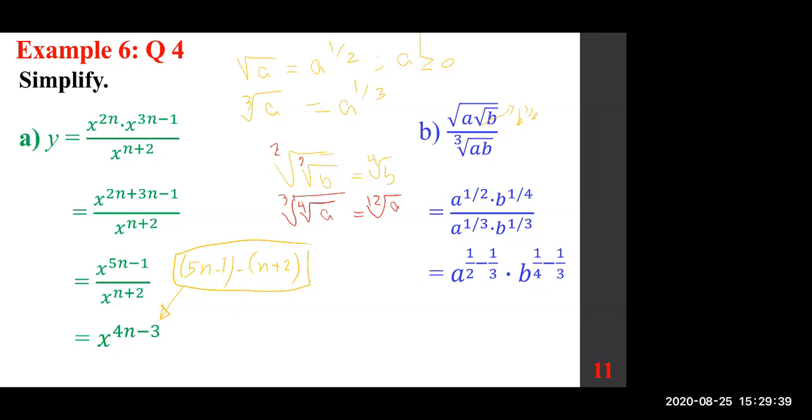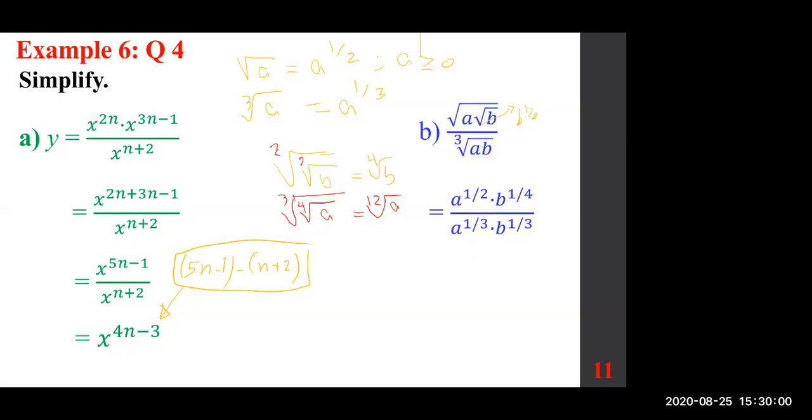So with that being the case, we look at the numerator. So going back, a to the power of 1/2, b to the power of 1/4, and on the bottom is a to the power of 1/3, b to the power of 1/3.